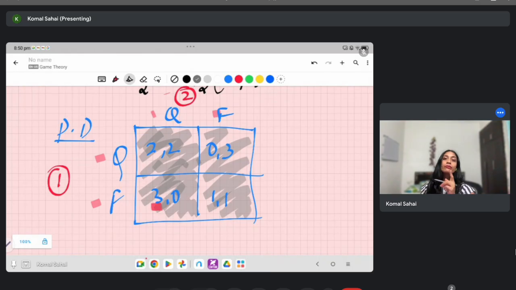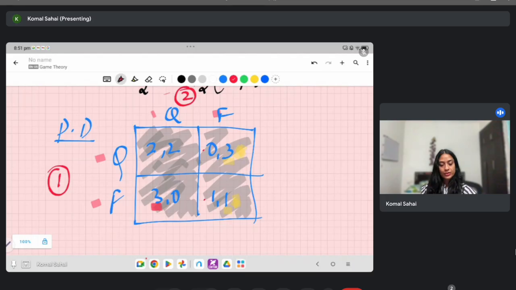And since you're thinking from player 1's perspective, the number that you will be comparing across are not these numbers, right? ये नहीं compare करना है, तुमको ये compare करना है. You need to compare these numbers, the first numbers.